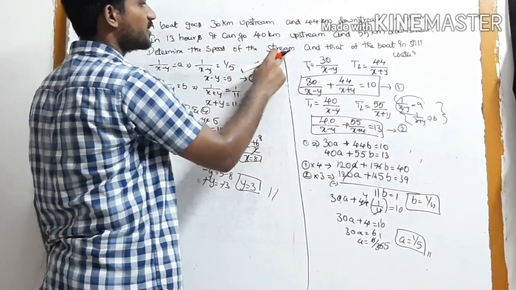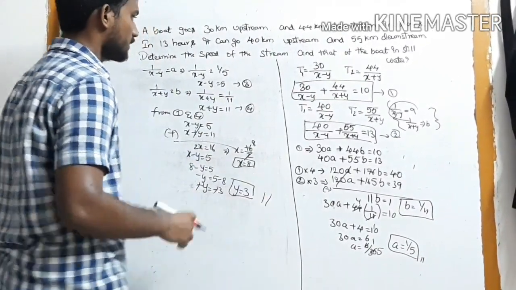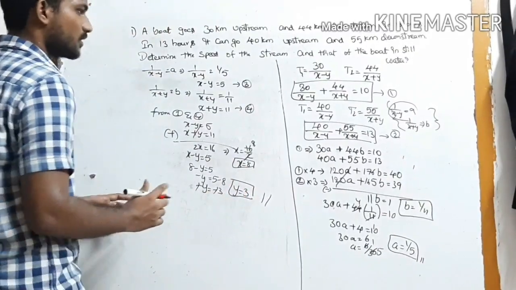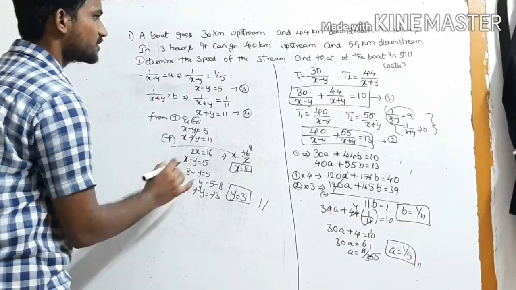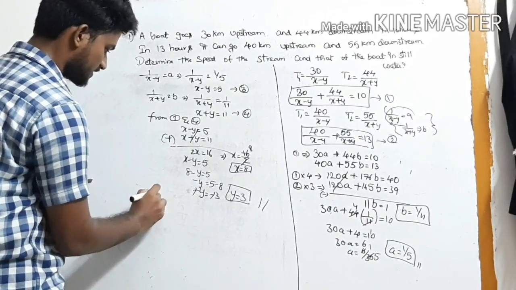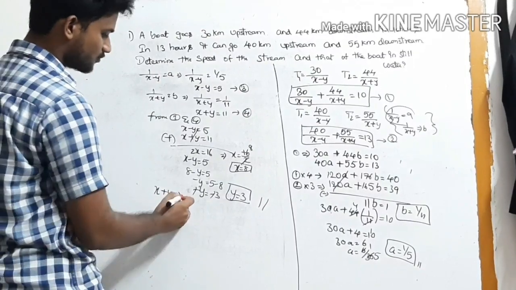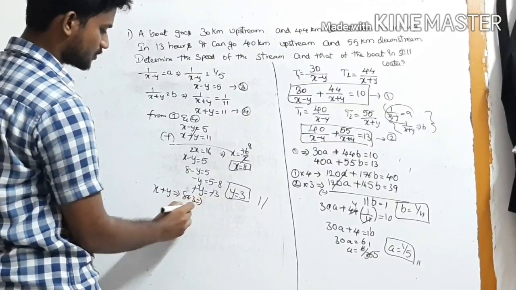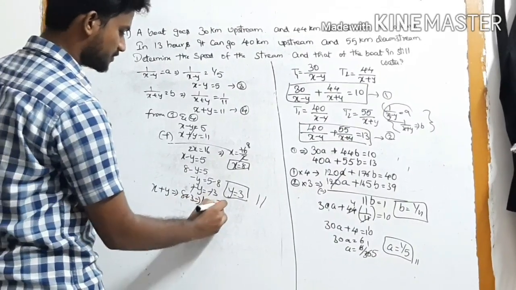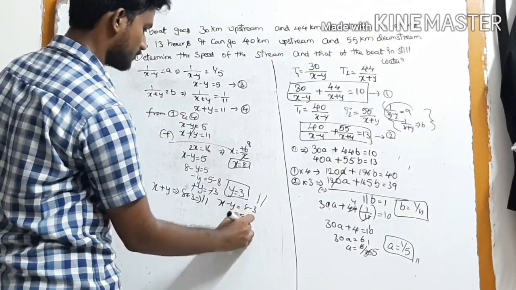Then determine the speed of the stream and that of the boat in still water. The downstream speed is x plus y, 8 plus 3 equals 11, and the upstream speed is x minus y, that is 8 minus 3, which is 5.